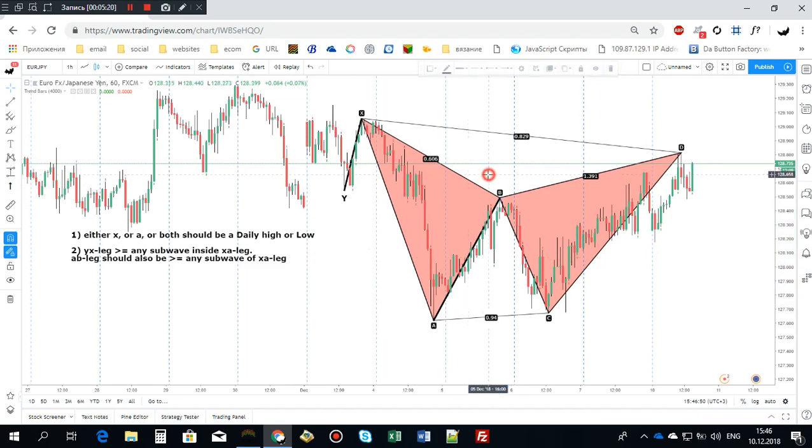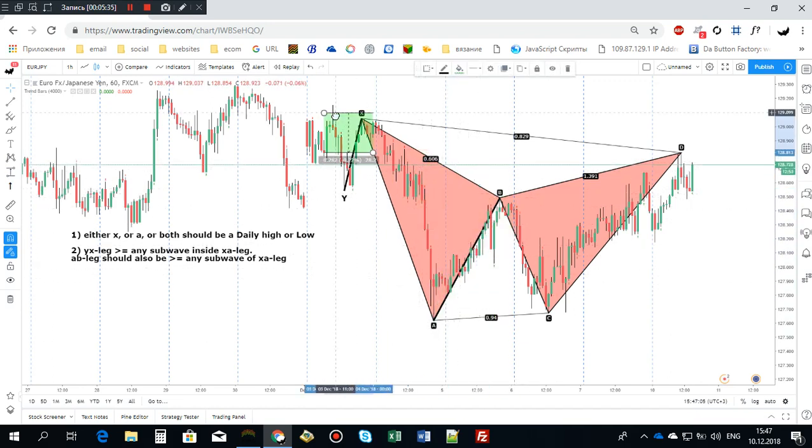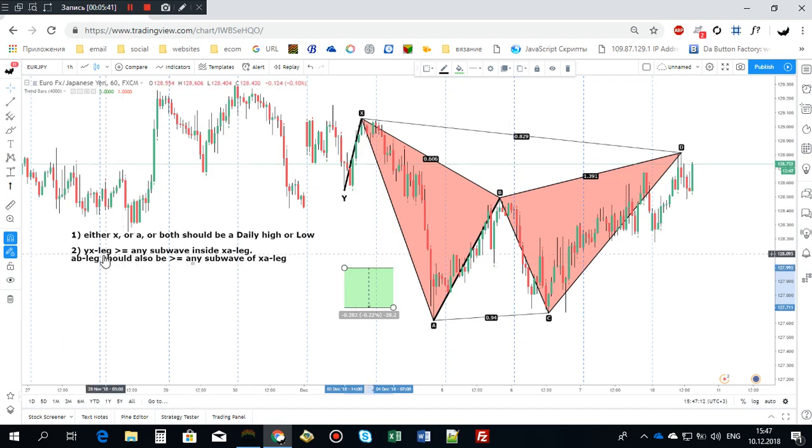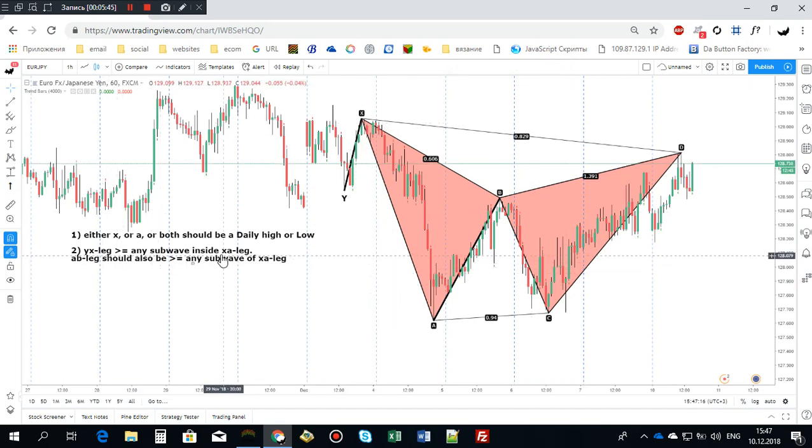You can do it a bit differently. You first find the largest subwave inside of X to A. I think it is this one, yes, it is the largest subwave, and then you compare it to AB. So you see the AB is much larger, or to YX. So if these criteria are met, then the guideline, the principle, is met. Okay, next.